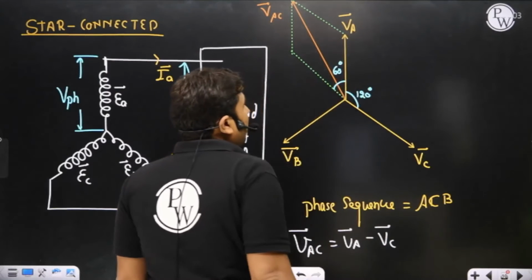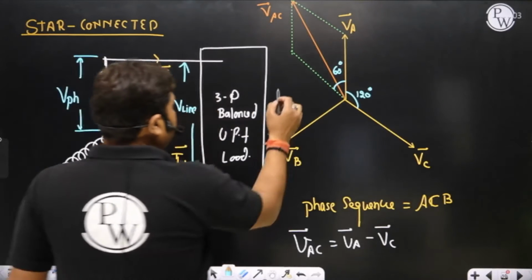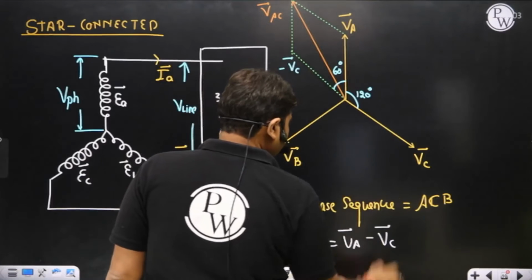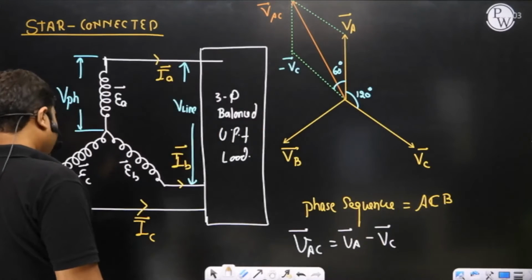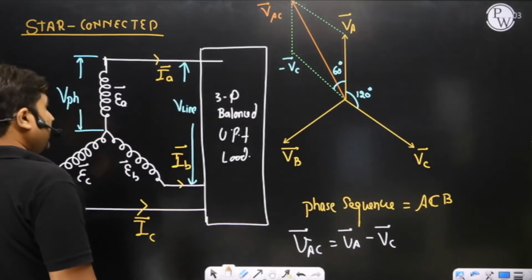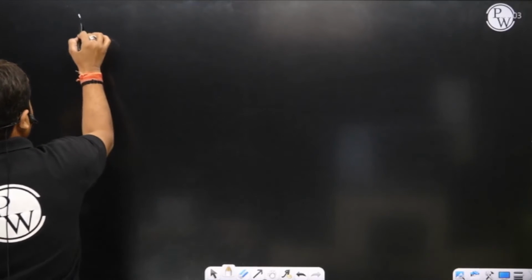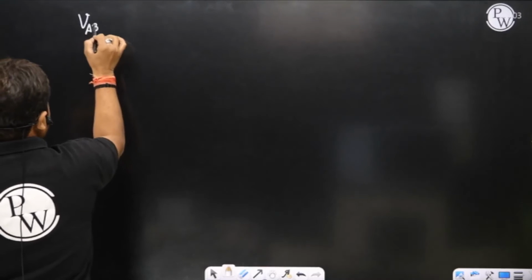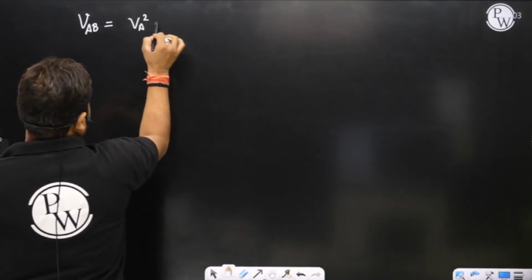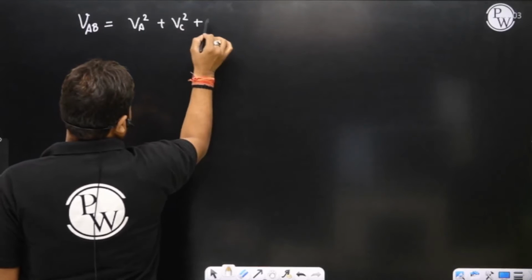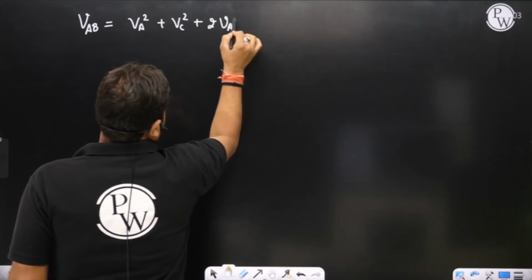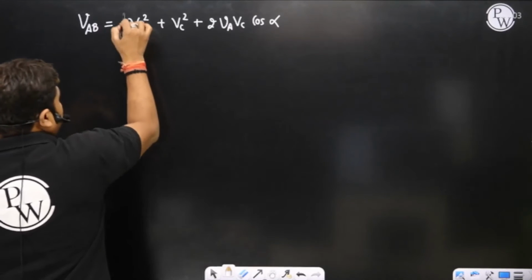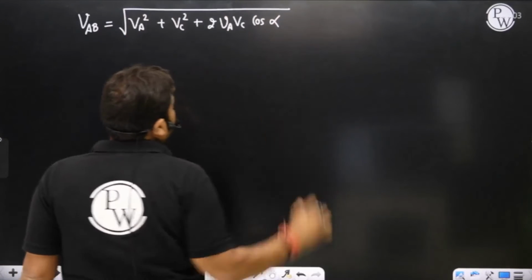Okay, sir. And the phasor sum of VA and minus VC will become... Please observe here. What is the phasor sum, sir? Whenever we have to calculate a phasor sum between two phasors, then the phasor sum will be equal to the square root of A phase magnitude square plus C phase magnitude square plus twice their product times the cosine of the angle between A phase and minus of C phase, between the two phasors.